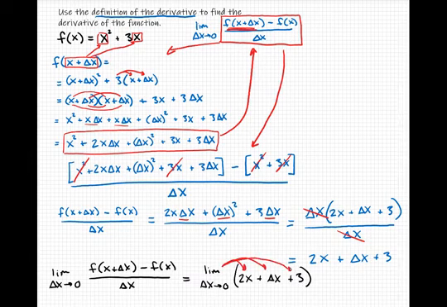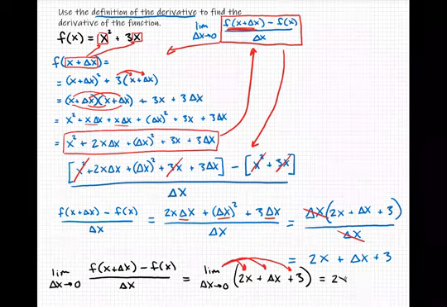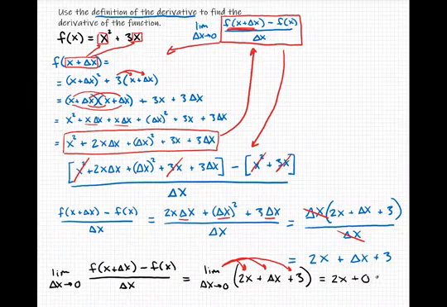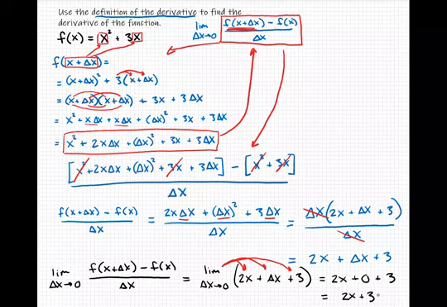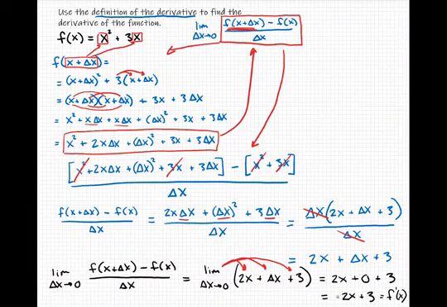The delta x going to 0 has nothing to do with the 2x or the plus 3, but this delta x goes to 0. So this becomes 2x plus 0 plus 3, or simply 2x plus 3. Now that we've evaluated the limit of the difference quotient, that is f prime of x, the derivative of our function. And we are done.